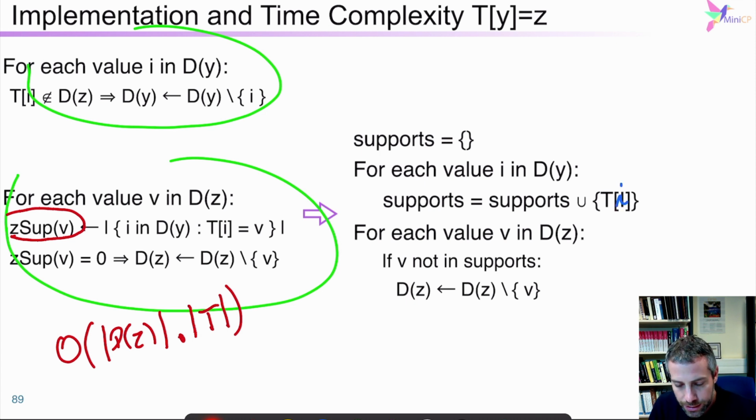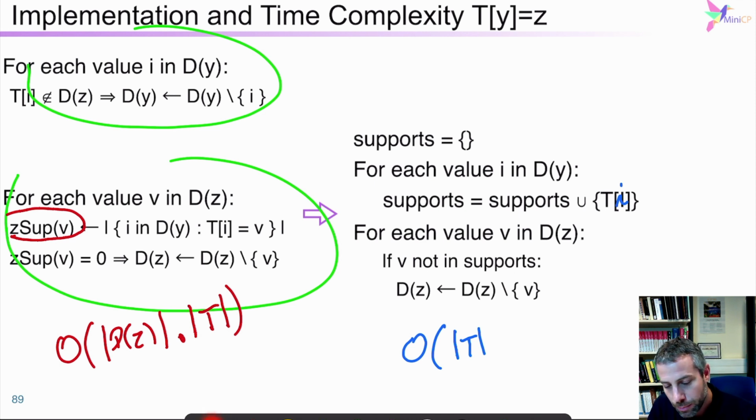I can do that in time proportional to the size of t, because in the worst case the domain size of y is equal to the size of the array t. Then for each value v, if I can find any support in the set that I just computed in the previous step, then I cannot remove this value.